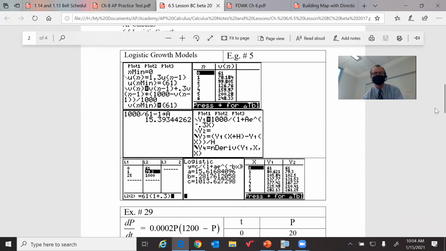So yesterday we did this. We did logistic regression, but I'm not sure that people that were home got a chance to do it, okay? So take out your calculator.